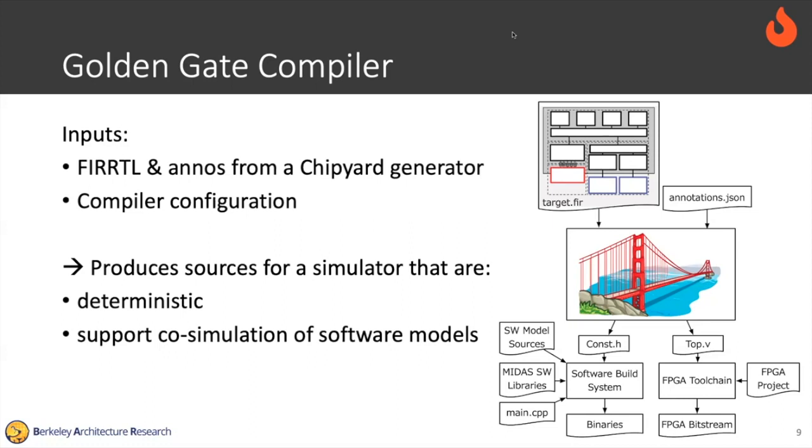Yes? Where do Verilog black box models fit into that flow? Yes. One of the things we highlighted here is that the inputs are FIRRTL and annotations from a Chipyard generator, but they also include the black boxes that come from Chipyard. The FIRRTL itself is going to have the wrapper to the black box module, and then the annotation is going to say, here's the path to a Verilog file.